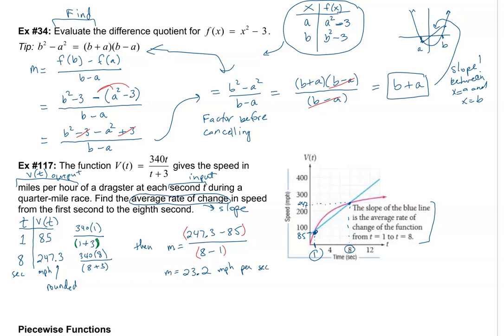In other words, this dragster is increasing its speed on average by 23.2 miles per hour for every second. That'll get it from its 85 mile per hour mark at 1 second, going up by 23 miles per hour per second, each of those 7 steps up to 8 seconds, and you will land at 247 miles per hour for a final speed.